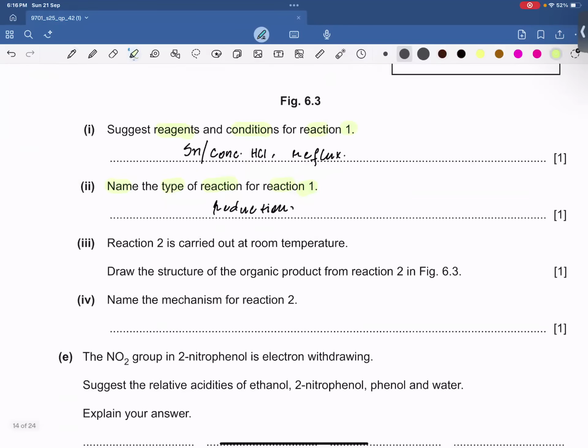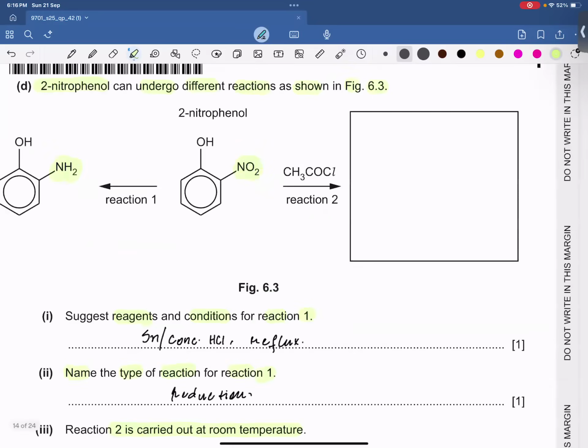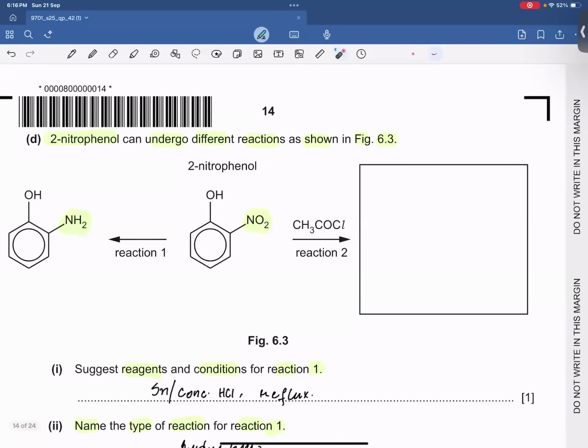Reaction 2 is carried out at room temperature. That's very, very important information. Draw the structure of the organic product. Okay. So what's happening here is H and Cl combine together to give HCl. Now the remaining part of the reactants react together to give a product. So I'm going to write the product here like this.